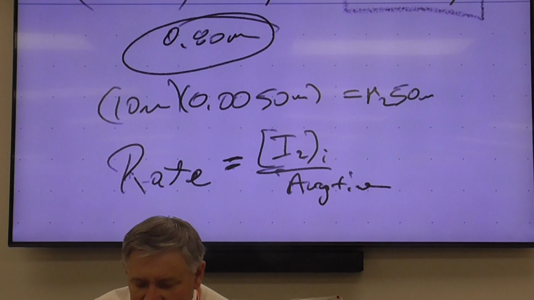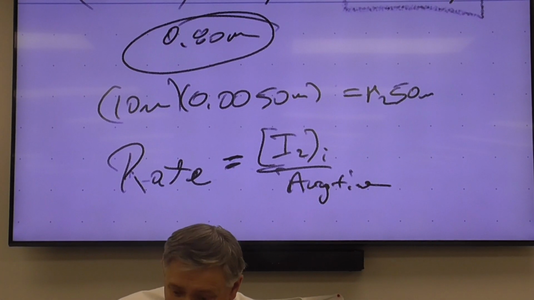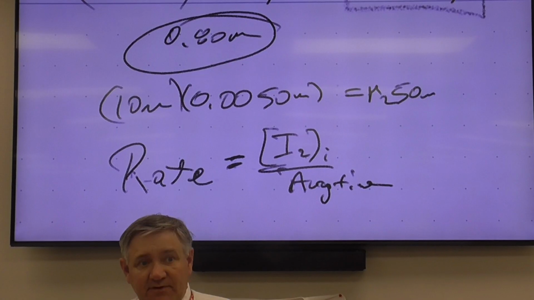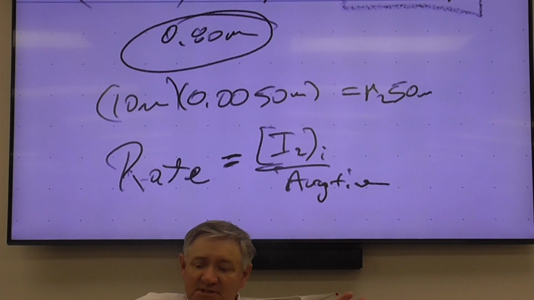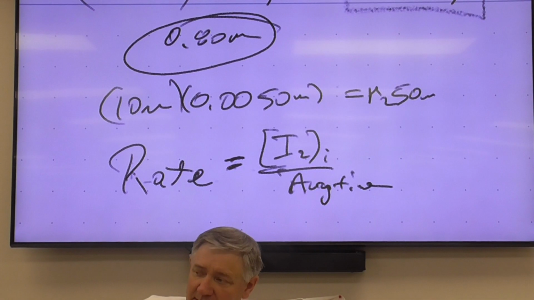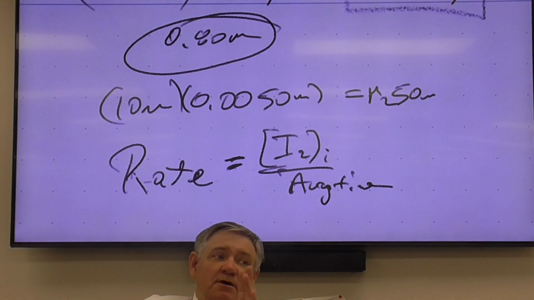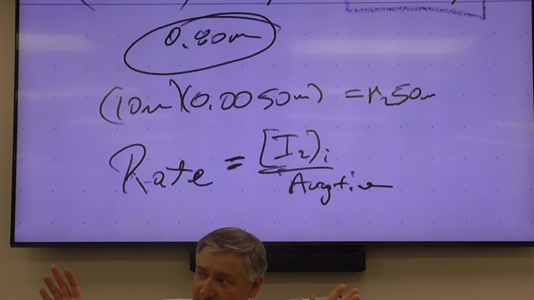So here's what you're going to do. The reason that we use the iodine is because that's the one that we can measure. If you do the stoichiometry on this, what you'll see is that there's heaps and heaps of acetone and heaps and heaps of hydrochloric acid. So we're going to run this so that the limiting reactant is the iodine. As soon as the iodine is used up, we assume that the reaction is going to stop.